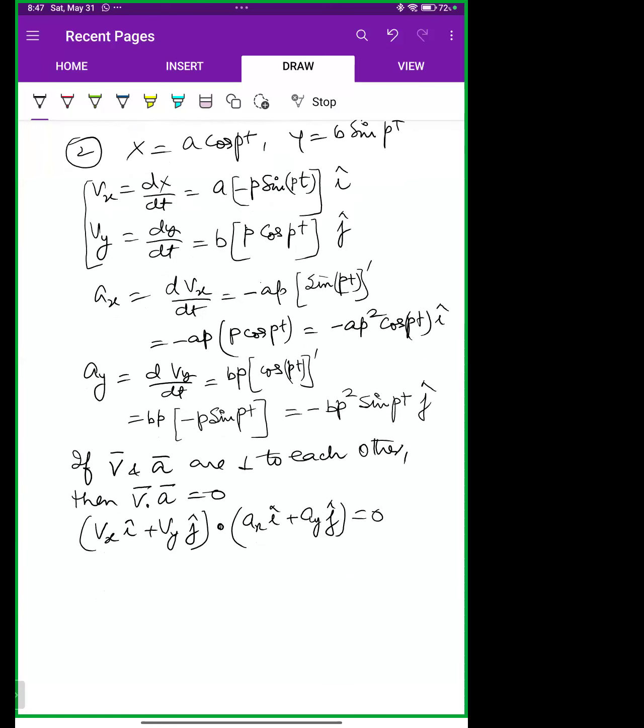So then Vx Ax plus Vy Ay, it should be 0. Because I dot I, okay, I can write one more line.